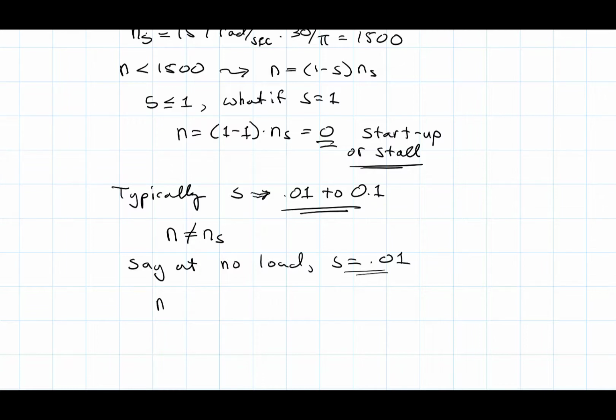Then the rotor speed would be 1 minus 0.01 times 1500, or 0.99 times 1500. So it's close, but it's not exactly equal to the synchronous speed.